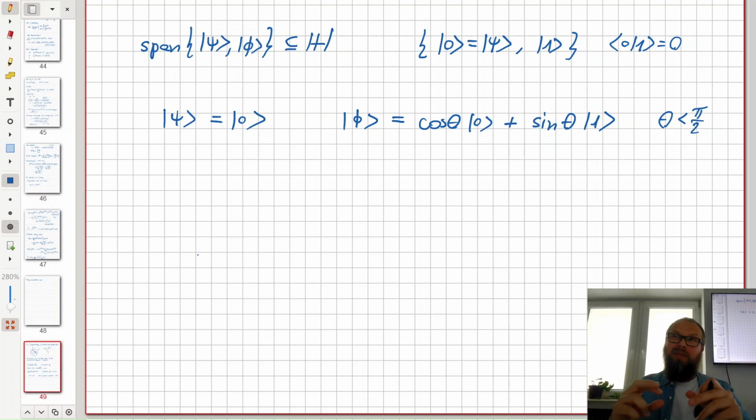By choosing the basis in this span, we can set it up so that the coefficients are real. If the inner product has a complex part, we can always absorb it into what we define as the basis vector 1, or even better psi, because we are starting from psi.